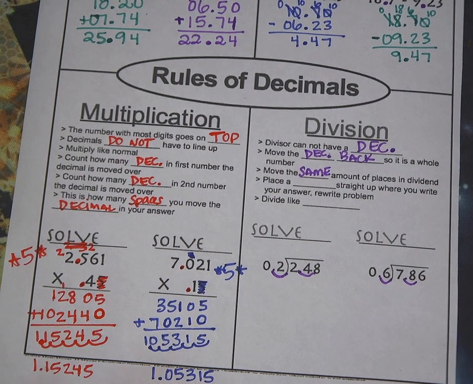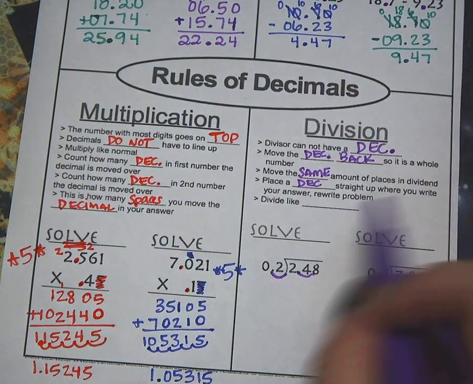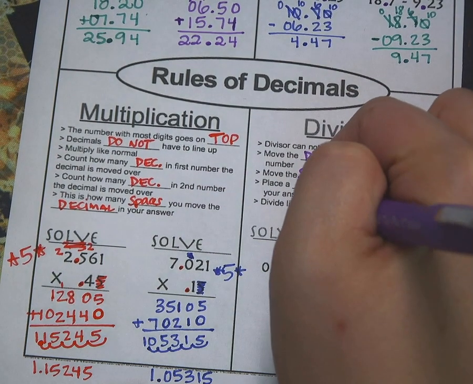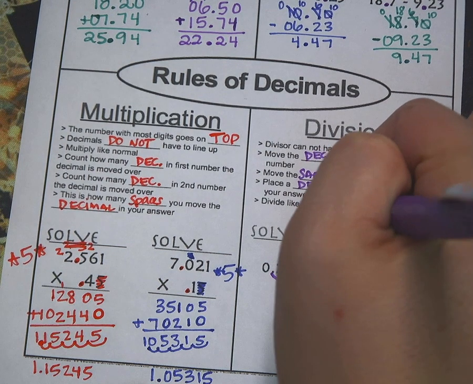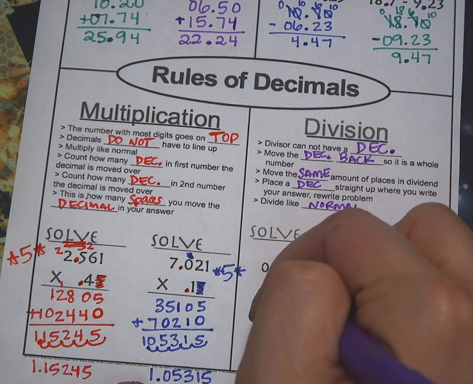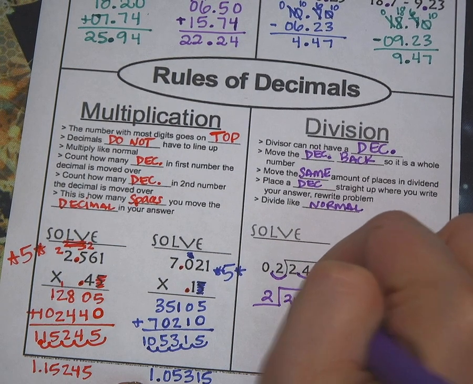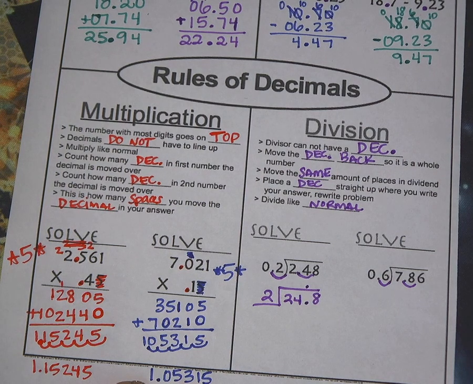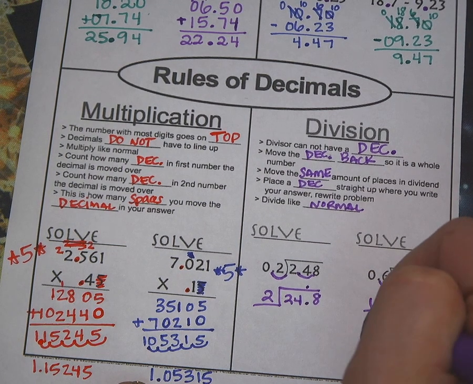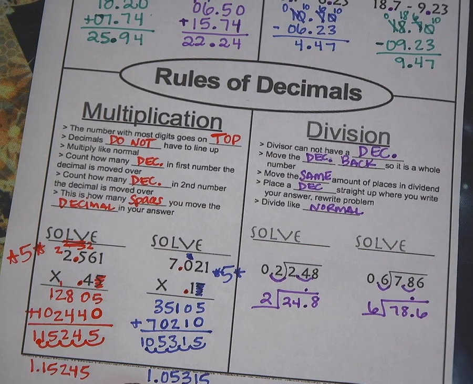And then I'm going to rewrite my problem. Okay, so once we rewrite our problem, we'll place the decimal straight up, and we will divide like normal. Okay, so I have 2 and 24.8, and over here I'll have 6 and 78.6, and I put my decimals straight up.